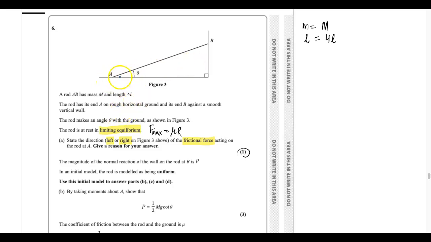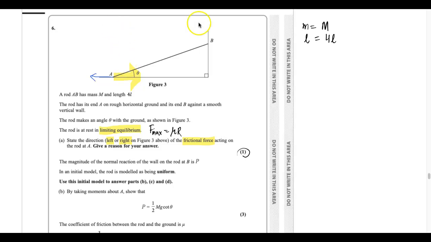If you place the rod like this, and it slips, it won't go inside, it will go outside, to the left. But we don't have to talk about the direction of motion, we have to talk about the friction. So the friction is going to act towards the wall, the right side.